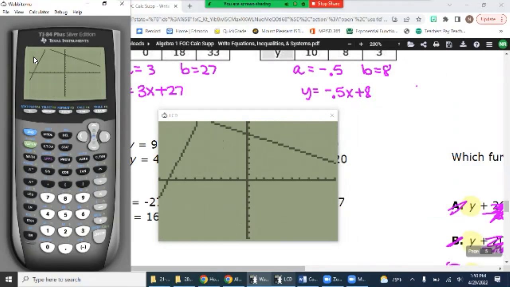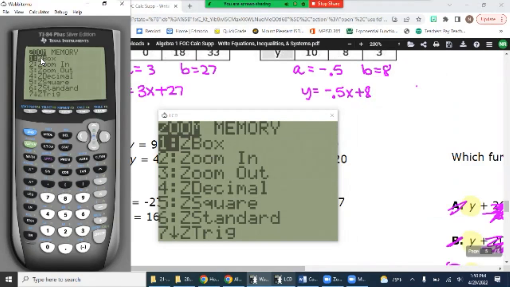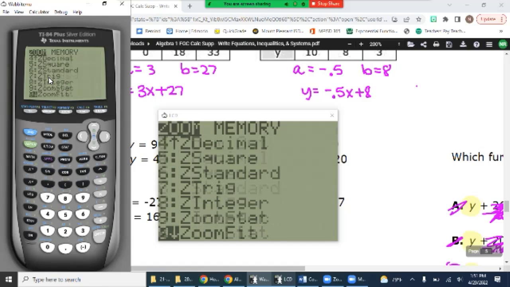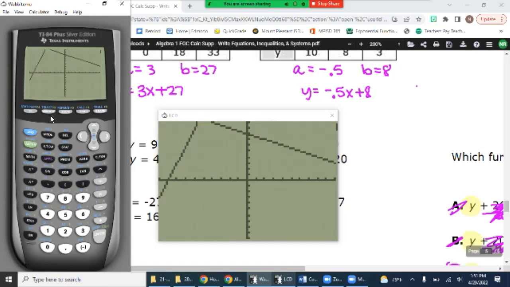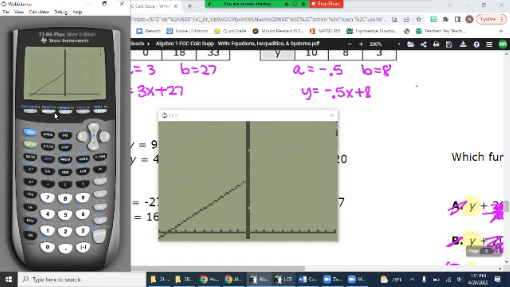Yes, you can use zoom out, and you might have to use zoom out after using zoom fit, but 9 out of 10 times zoom fit works. And I like it because most of the time it just fits everything you need to be able to see. There it is. So now that I can see my point of intersection, what do I press?